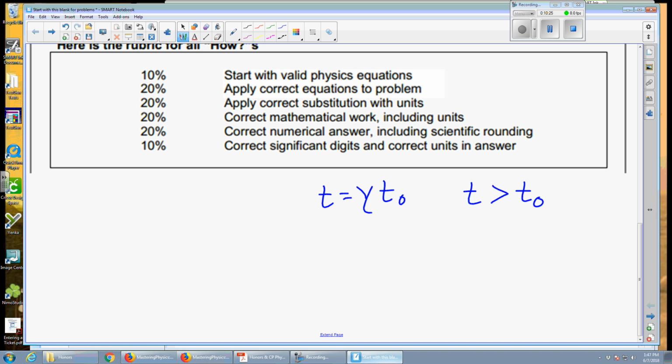T. Gamma is always greater than 1. So this will be measured from the ship, and this will be measured from the Earth.